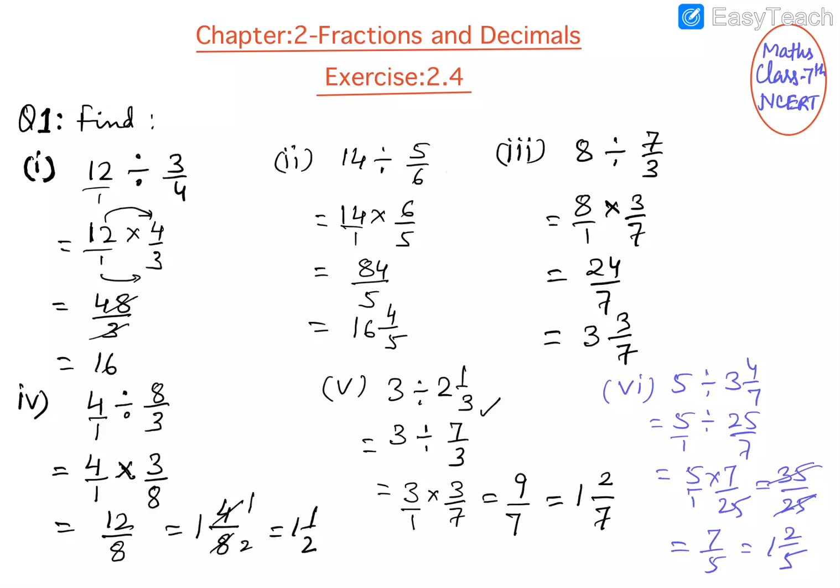So the reciprocal of 25 by 7 is 7 by 25. We can cancel out here also. 5 ones are 5, then 5 fives are 25. So we get 7 by 25 as the result. Here I have multiplied the numerators and the denominators. Finally, we get the answer as 1 and 2 by 5.